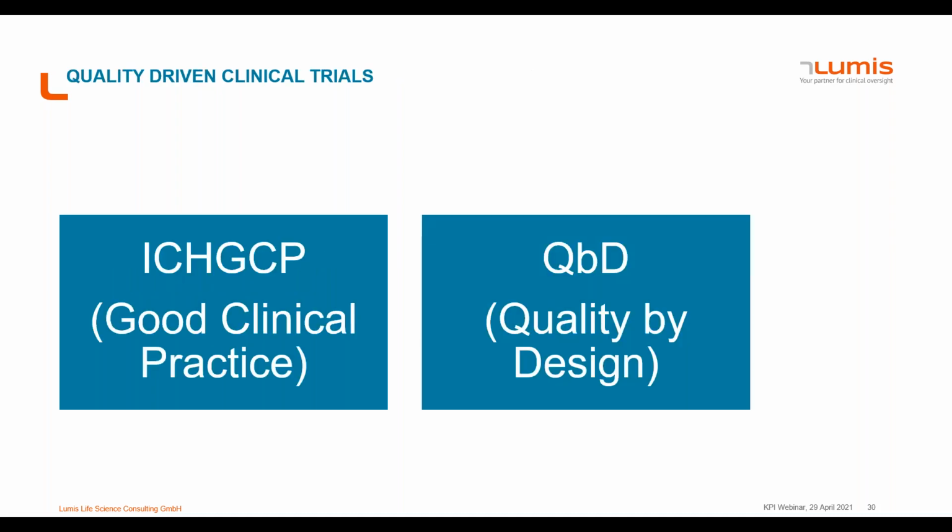Now here you just see two very high-level components, very important in quality in clinical trials. The first box contains ICH GCP, good clinical practice, which I'm sure most of you on the call are familiar with. ICH GCP addresses the overall international ethical and quality standards used in designing, conducting, documenting, and reporting of clinical trials.